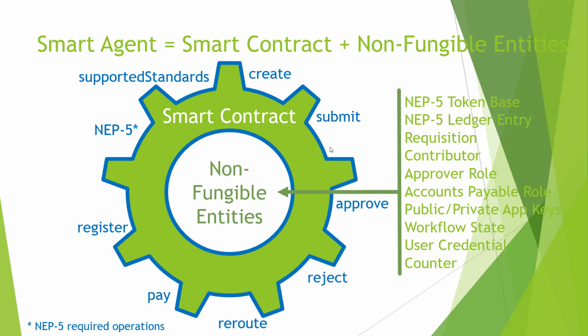Let's say it's called NEP-1234. So supported standards returns a string, and it would have within it NEP-5, comma, NEP-1234. And we'll see how much traction that gets. So this whole thing, again, we call a smart agent. It's the smart contract, the code, operating on non-fungible entities.